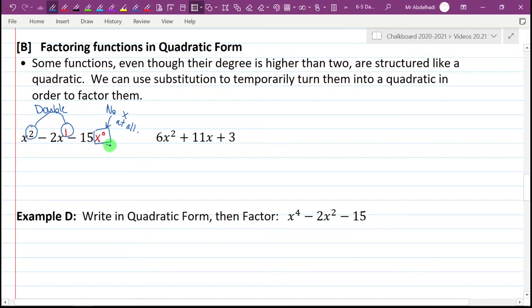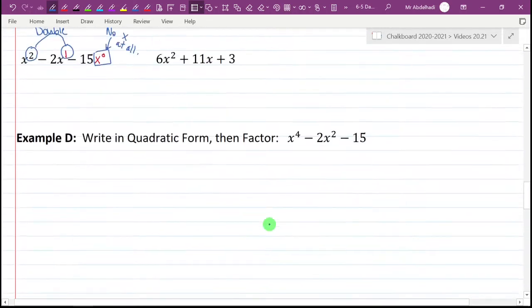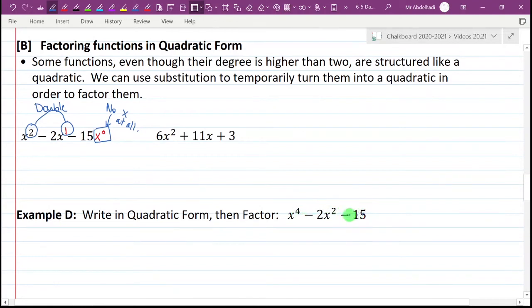As long as those things are true, you can do this trick that I'm about to show you on all the problems that we're going to do now. So here's the deal. Look at your expression. Can you write it in quadratic form? Well, here's the test. Is the highest power double the middle power here? Is this 4 double a 2? Yes, it is. It is double. And does this last number here have no x at all, meaning x to the 0?